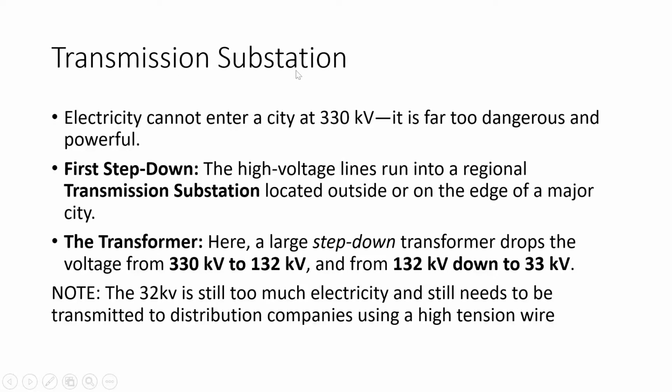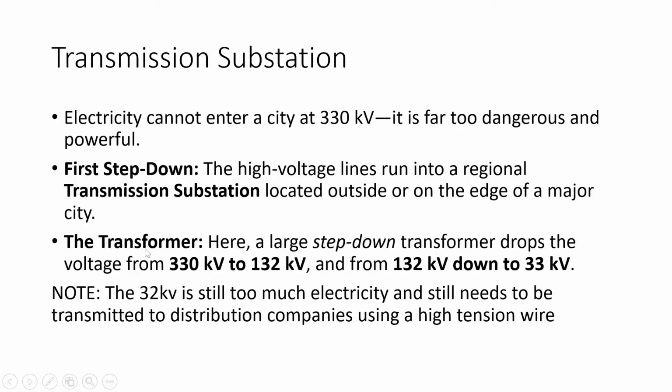What do we have inside this transmission substation? We have what we call step-down transformers. Now, this step-down transformer, you can see what it says here. The high voltage lines run into a regional transmission substation located outside or on the edge of a major city.